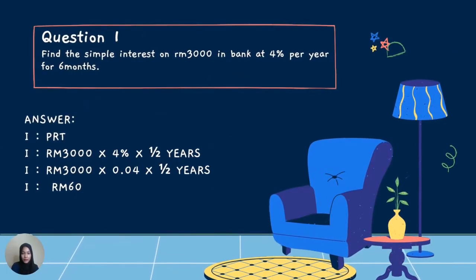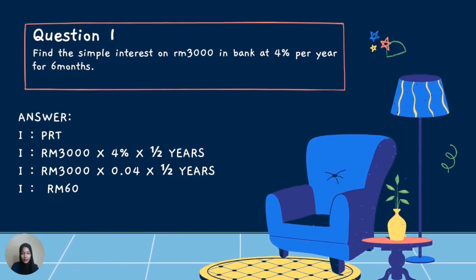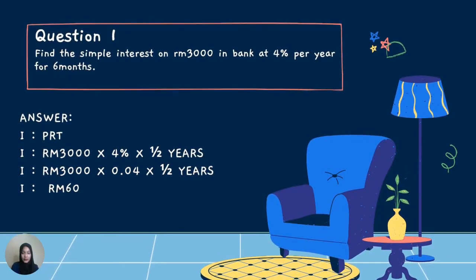So, example question number 1. Find the simple interest on 3,000 in a bank at 4% per year for 6 months. We can see the question is to find the simple interest, so we are looking for I, and remember I = PRT. So what are the values? P is the principal, which is 3,000, multiplied by R, the rate, which is 4%, and T is the time in years, which is 6 months.